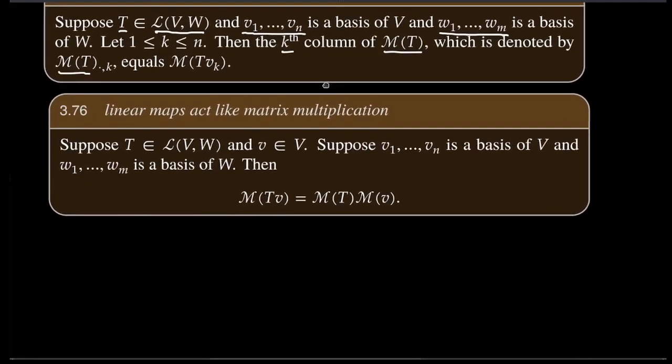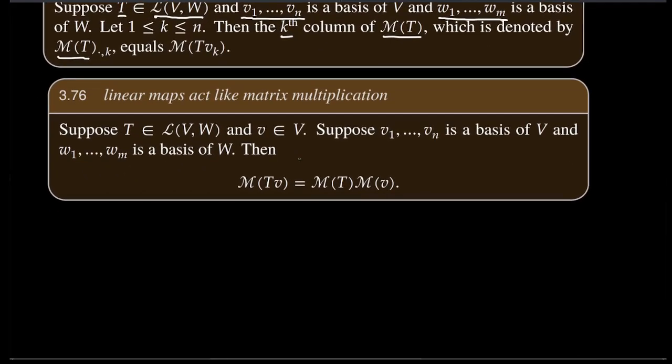So let's prove something that maybe is slightly less trivial, which says that the matrix of a vector and the matrix of a linear map work together quite nicely.